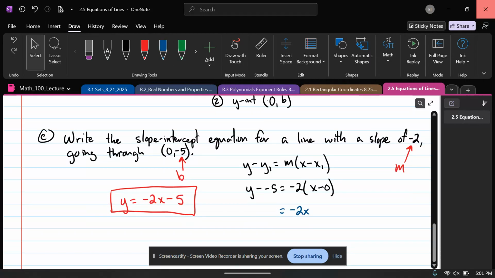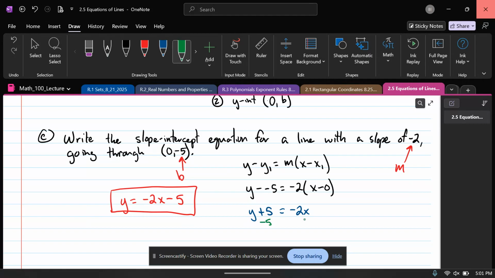And then on the left side, I got y plus 5, because of that double negative thing. How do I get y by itself? Ooh, that's nice. So that's going to be y equals -2x minus 5. So we can get to slope-intercept form through point slope form by just plugging it in there. That actually works no matter what the point is.